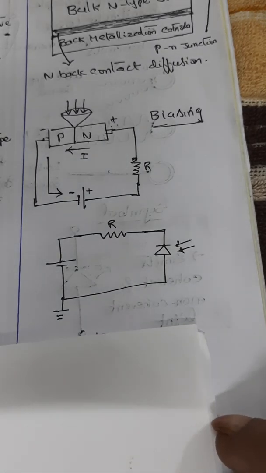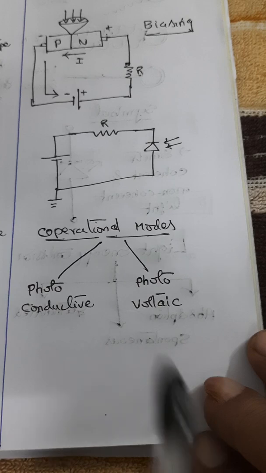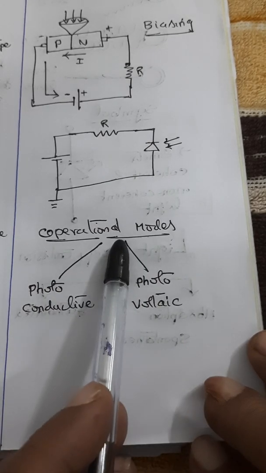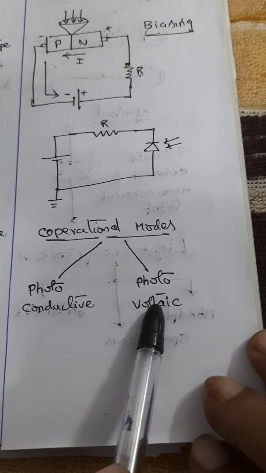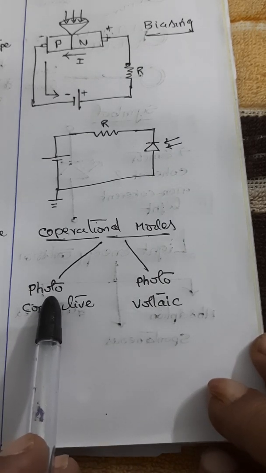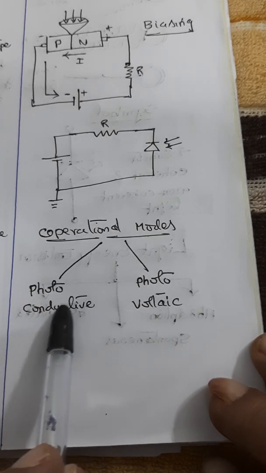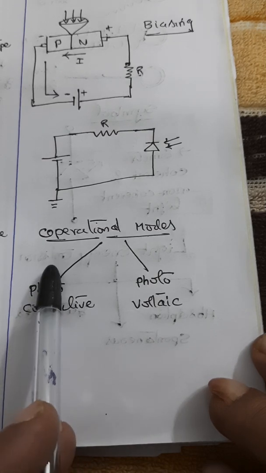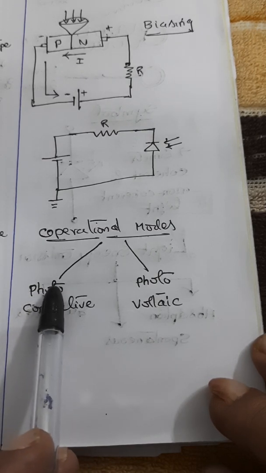Let us see both of them. These are the two operational modes, photoconductive and photovoltaic. In photoconductive mode of operation, the photodiode operates in reverse bias mode. So the current flowing in the diode varies linearly with the intensity of the light.